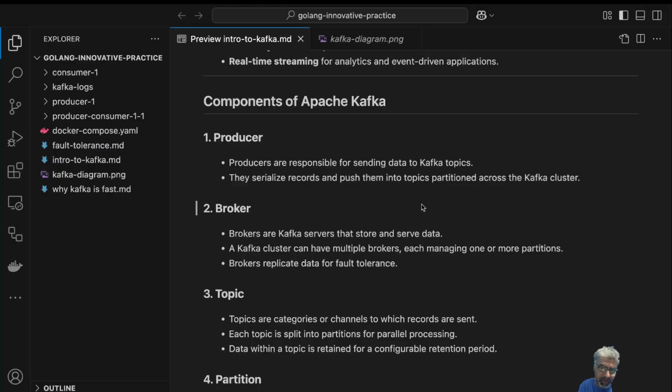The topics are partitioned across the Kafka cluster. That means if the messages keep being sent by the producer to the Kafka cluster, based on the partitions, the data is distributed. It doesn't mean that data always goes to one particular broker or one particular partition.